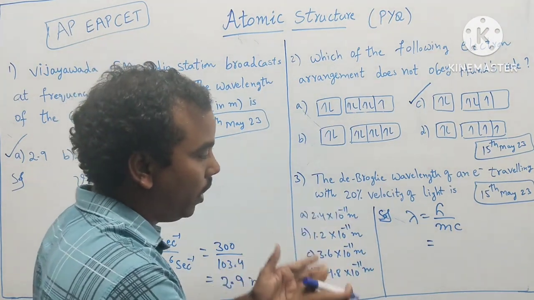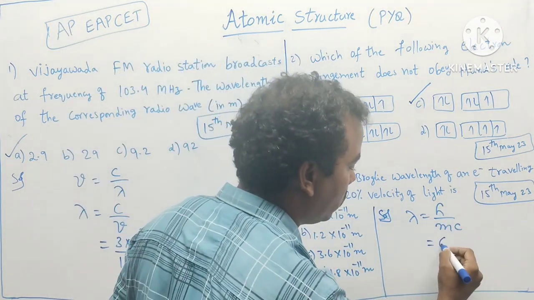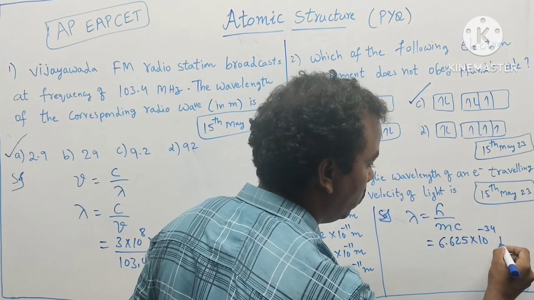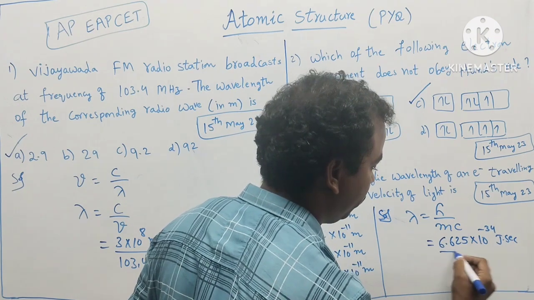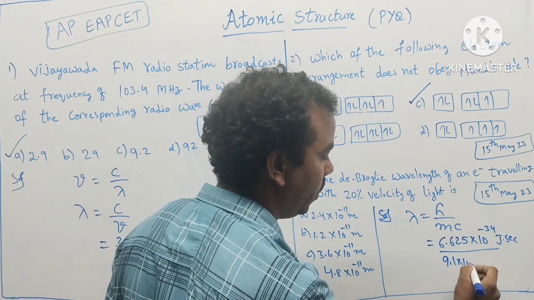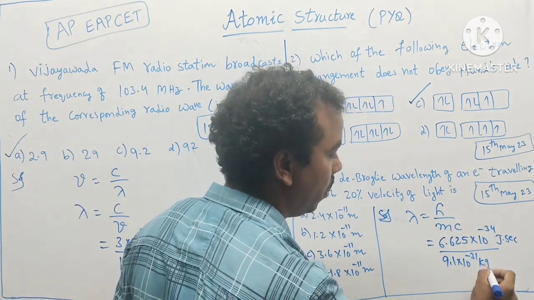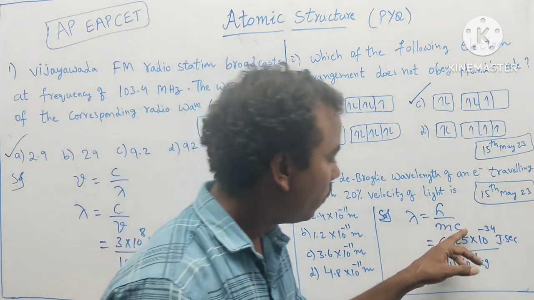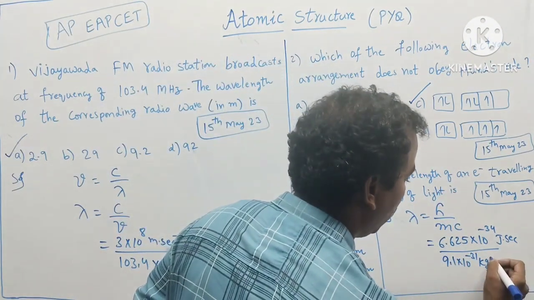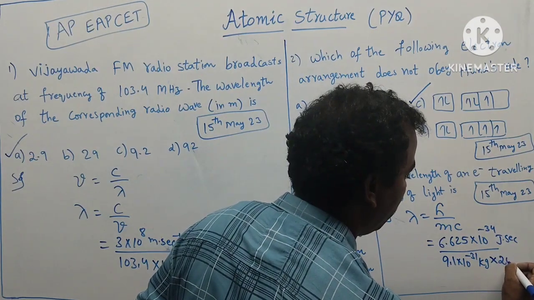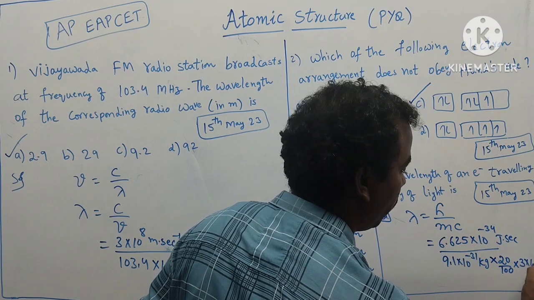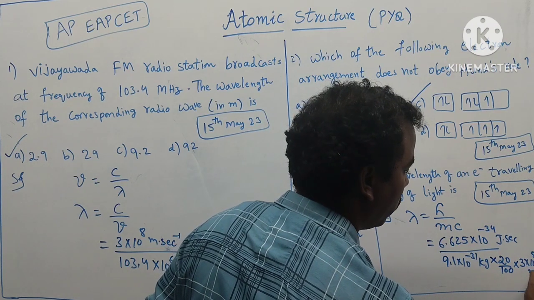If the answer is given in meters, we have to take Planck's constant as 6.625 into 10 power minus 34 joule seconds, by the mass of electron 9.1 into 10 power minus 31 kilograms, and the velocity, 20% of the velocity of light. 20% velocity of light means 20 by 100 into the velocity of light, 3 into 10 power 8 meter per second.